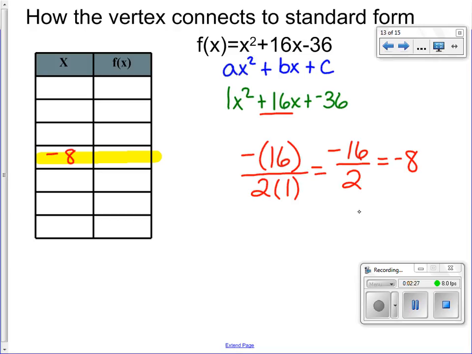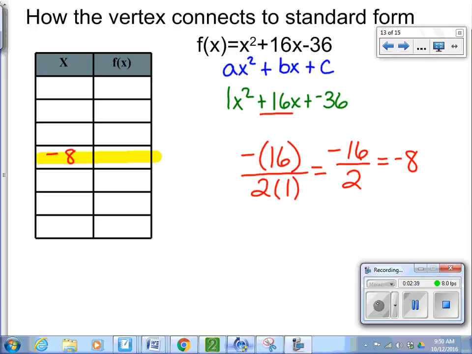So now, another set of critical points that we just might like to have are the x-intercepts. Now to get those, we need to factor. So if we factor this, we need to find two numbers that multiply to give us negative 36, but will add to give us 16.